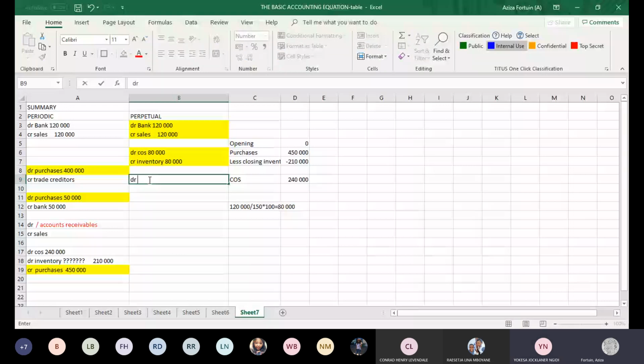Remember, this time we are purchasing on account, which means we are buying on credit from the supplier. So there are obviously going to be 2 accounts involved. One will be trade payables, and the other one will be the inventory. So here you're going to debit inventory and not purchases, and credit trade payables or trade creditors, whatever you want to call it.